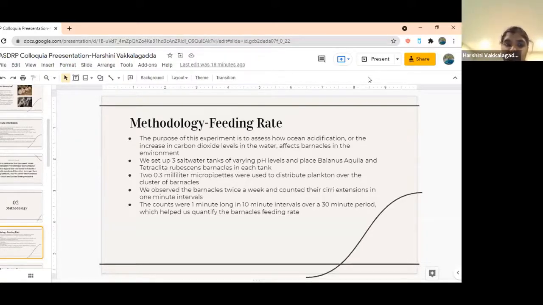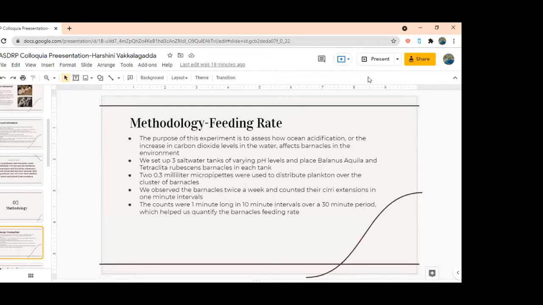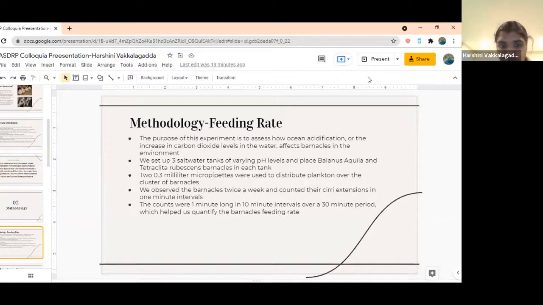So we would observe the barnacles feeding for 1 minute, and then after 10 minutes, we would do our second 1-minute interval. And then after another 10 minutes, we would do our third 1-minute interval, and then going on like that. And we did that 4 times. The counts were 1 minute long in 10-minute intervals over a 30-minute period, which helped us quantify the barnacles' feeding rate.